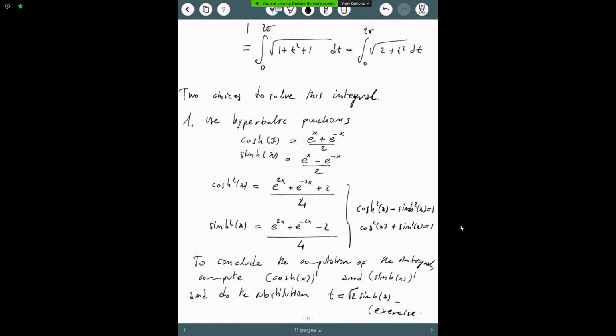What I'm going to do is a more classical but much longer solution, using instead another change of variables. First of all, I'm going to solve the indefinite integral, so just forget about the endpoints for a moment.